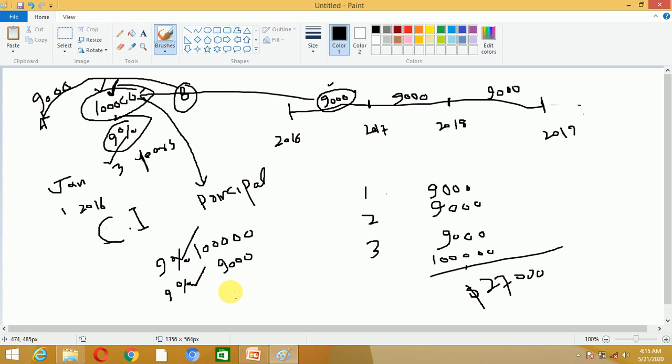So see, the total amount becomes, so first year your interest is how much? 9,000, but the second year your interest will be on 1 lakh plus 9,000, so it becomes 109,000. So on 109,000 you will charge 9% interest.